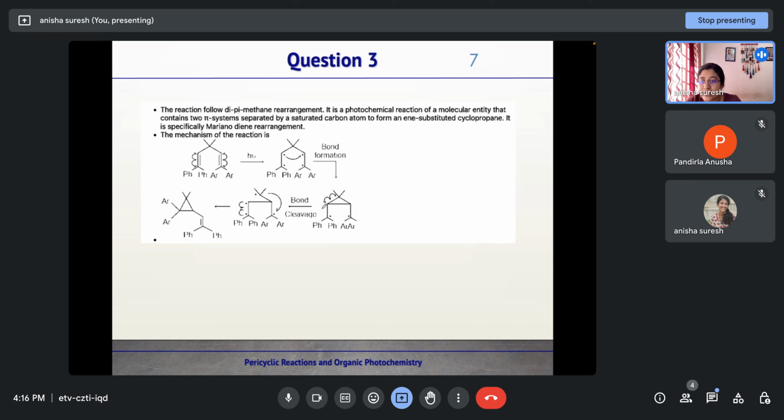Since the benzyl radical is more stable, it will undergo bond cleavage from this side, leading to the formation of a benzyl radical. So here a dibenzyl radical will be formed. Then this radical and this radical will combine, leading to the formation of a new cyclopropane, and these two radicals will combine, leading to the formation of a vinyl system like this, a styrene kind of system. Okay, is the mechanism clear?